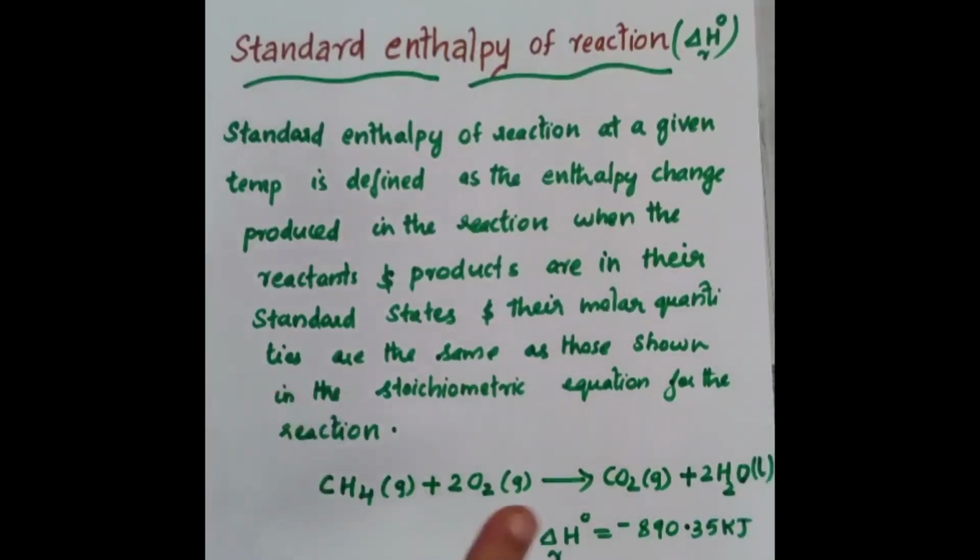The equation shows the standard enthalpy of reaction for the combustion, that is, a reaction taking place in the presence of oxygen. Combustion means burning in presence of oxygen. The reaction for the combustion of 1 mole of methane is minus 890.35 kilojoule.